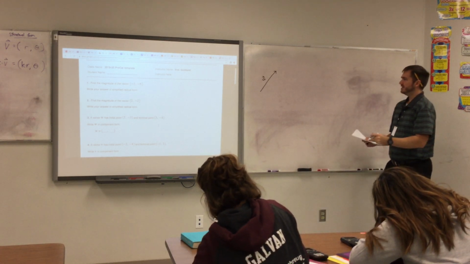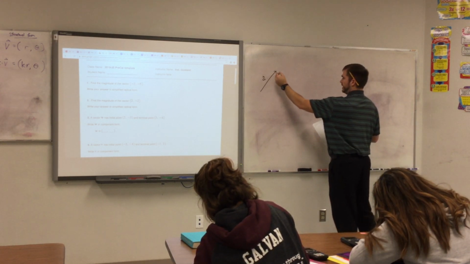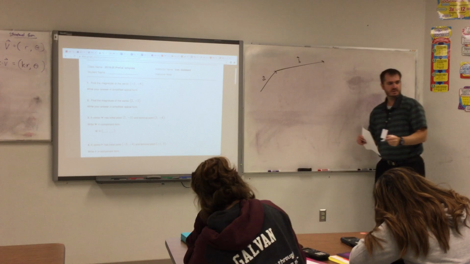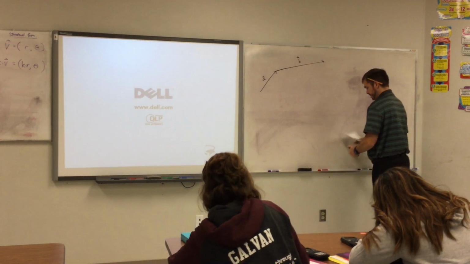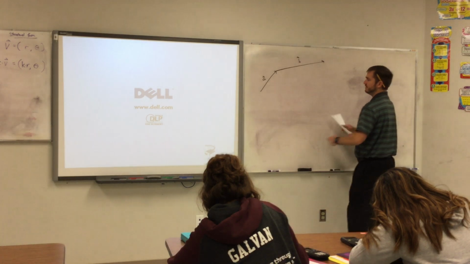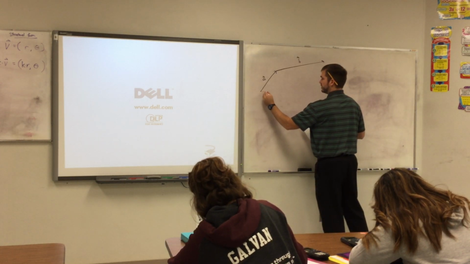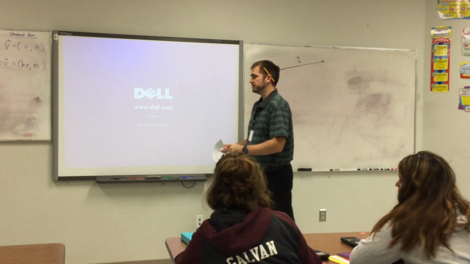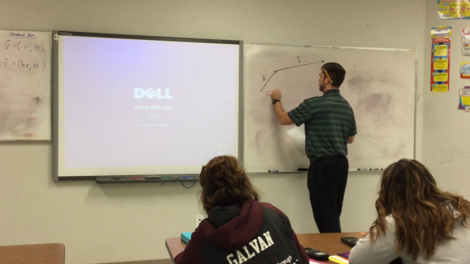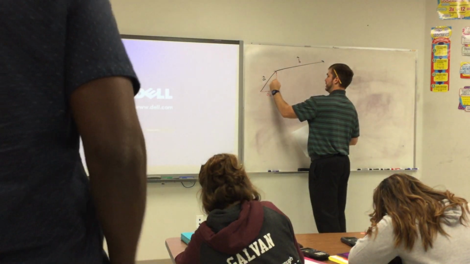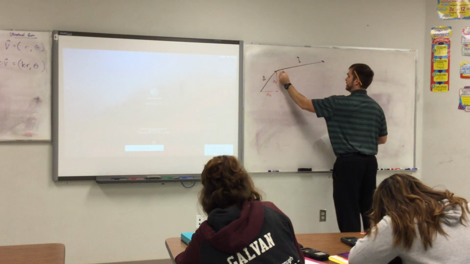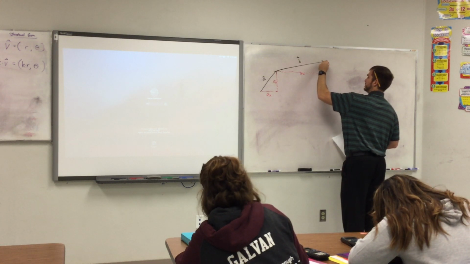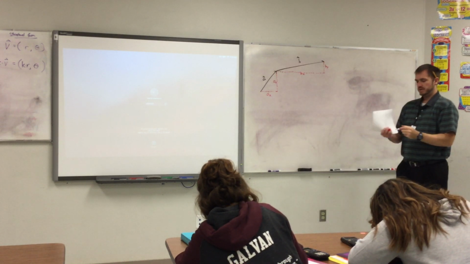Let's say I've got vector A, and on the end of it I've got vector B. So we've got AX, AY, BX, and BY.